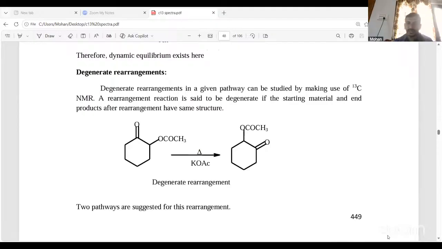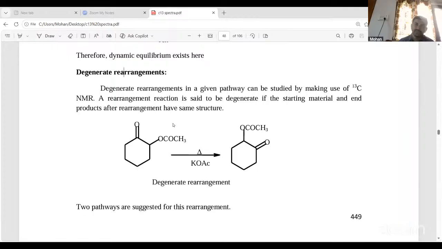Next, the degenerate rearrangements. By this C13 spectra, you can predict or study the rearrangement. You can observe the degenerate rearrangement mechanism. So what is a degenerate rearrangement here?